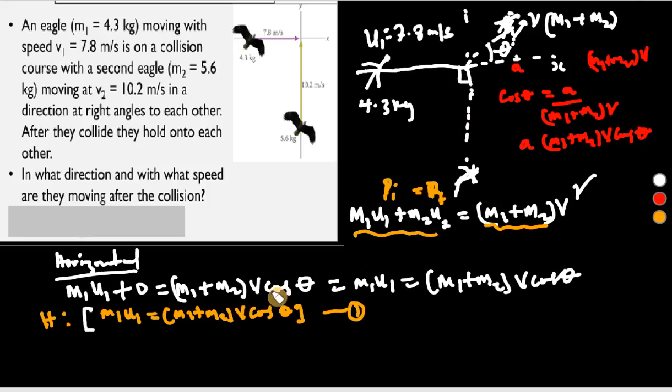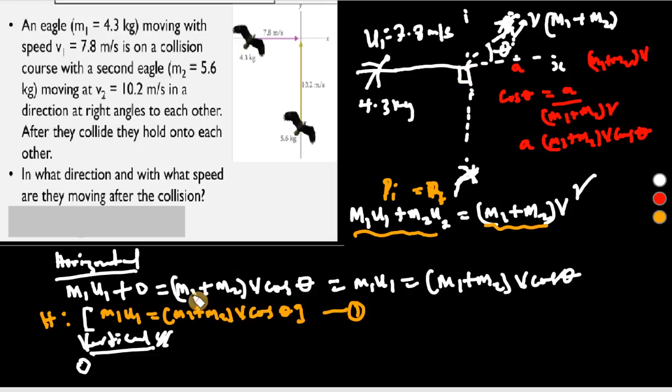So let us find the vertical component. If I now consider the vertical component, you now see that the horizontal component will be 0. Of course, we are interested in looking at the vertical.